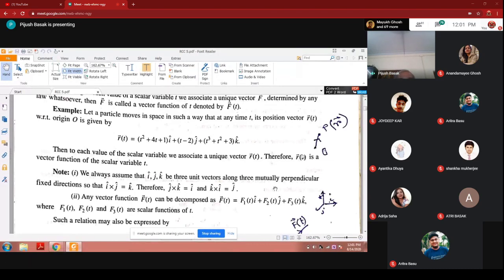No? I didn't mention the law. i dot j means magnitude of i into magnitude of j into cos of the included angle, 0. I should have written this, but I didn't write. I thought that you were already familiar with it.